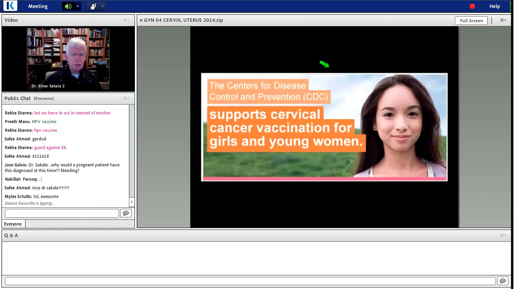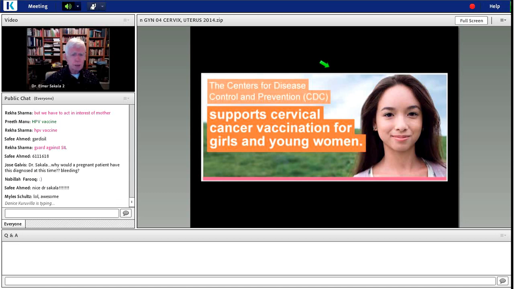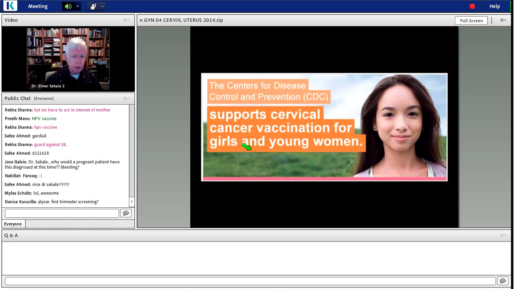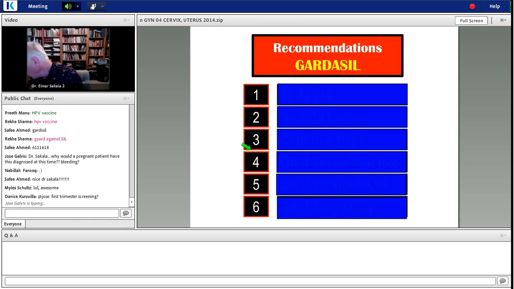It's about $300 to $400. There are 3 injections which are given. The Centers for Disease Control supports cervical cancer vaccination for girls and young women. All right, I have summarized what is in the book, which is on page 177.